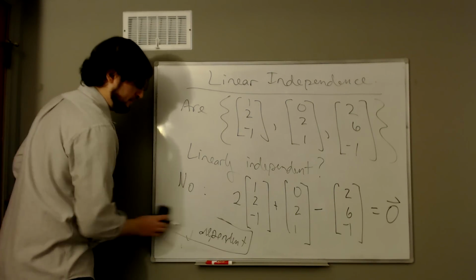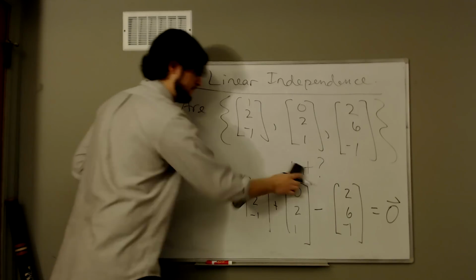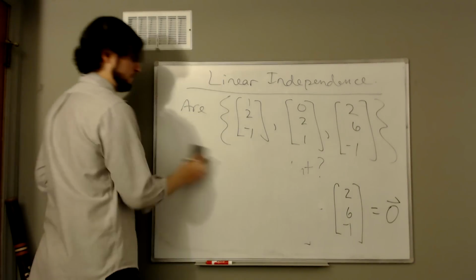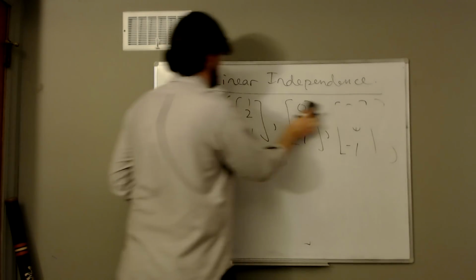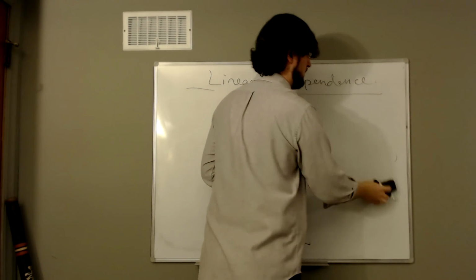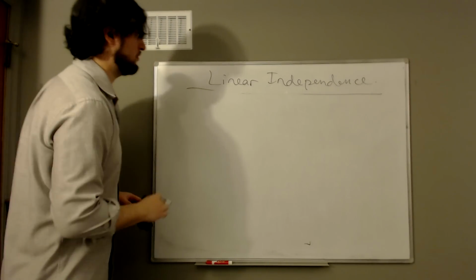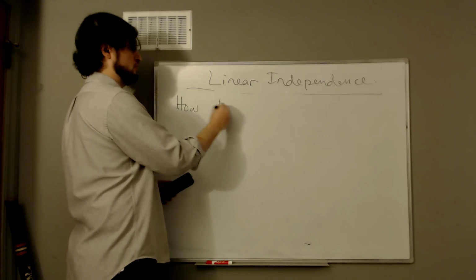Now that's all fine. But how do we actually determine, if I just give you a set of vectors, if you can't just see the answer, how we can come up with the answer? What's the process that we could use? So how do you decide?